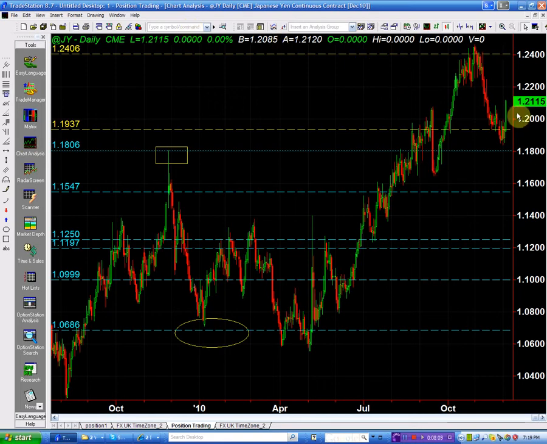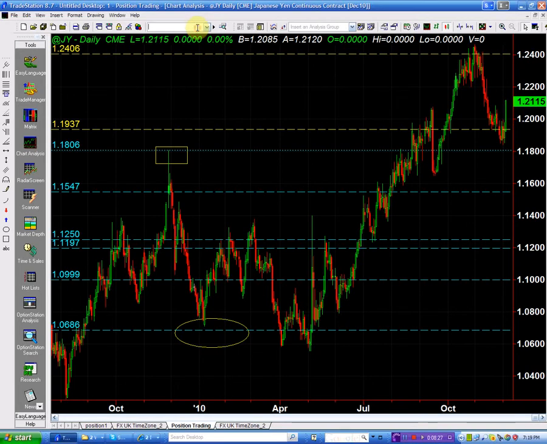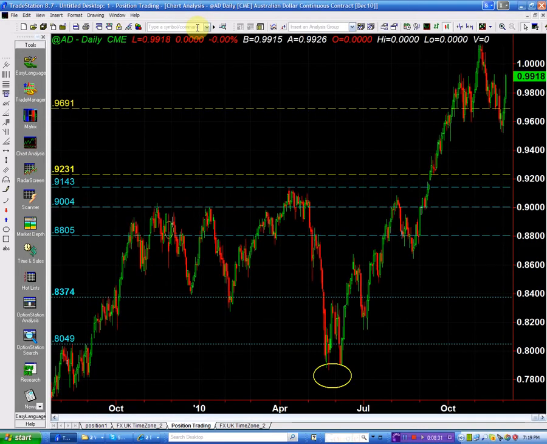This is the yen. We can look and see the Australian dollar. And I want you to choose which is the strongest.